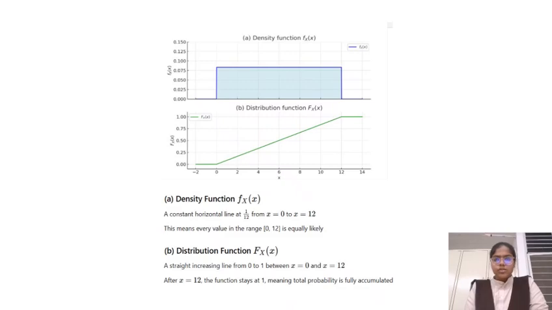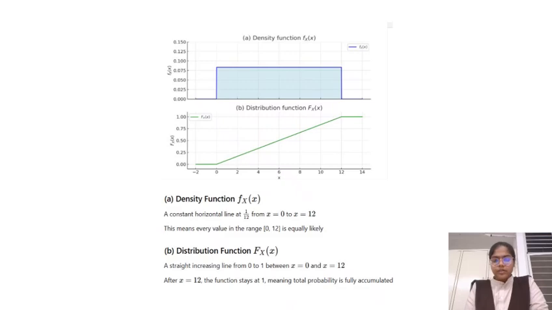By using the values, we can plot the distribution function graph for continuous and discrete functions. A. The density function f_X(x) is a constant horizontal line at 1/12 from x = 0 to x = 12. This means every value in the range 0 to 12 is equally likely.